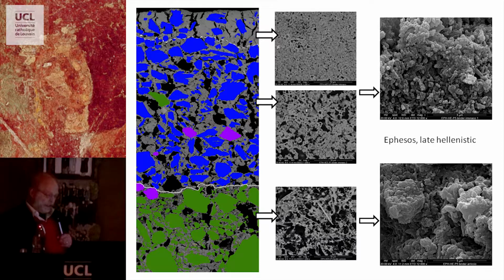Here we can clearly see the border. This is a late Hellenistic example, from the late 2nd century BC to 1st century, which have been excavated, and in this case we have a very thick intonaco layer.